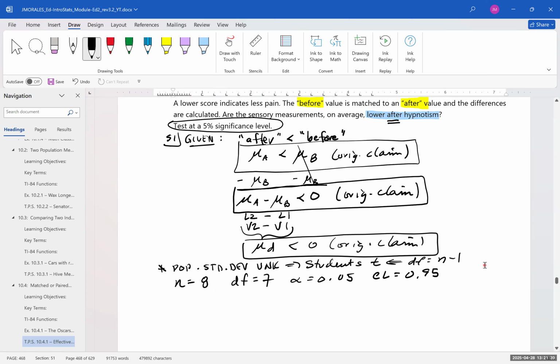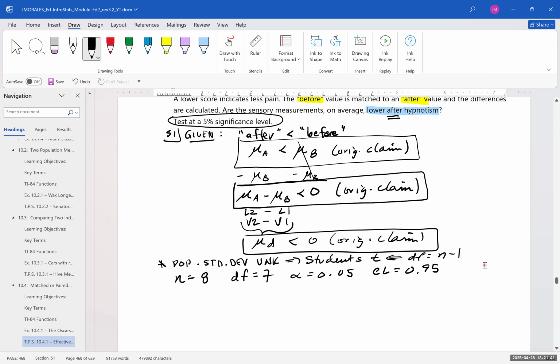All right, let's go ahead and proceed to the next step, which is step 2. And this is to set up our null and alternate hypotheses. So we have one hypothesis, which was mu d is less than 0. That is our original claim. And then the complement of that is going to be mu d greater than or equal to 0.